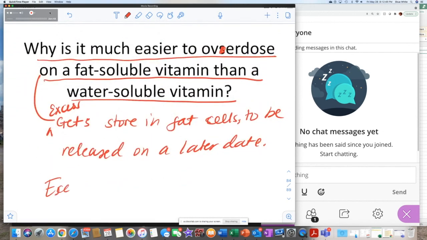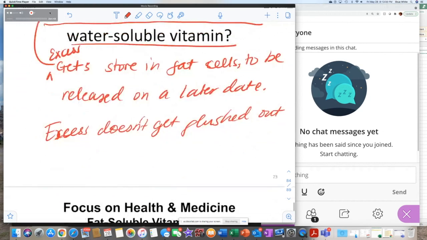The excess doesn't get flushed out, unlike the water soluble ones that go off with your urine.